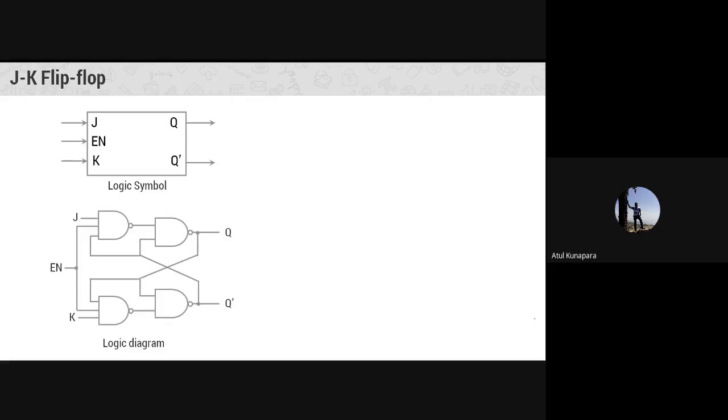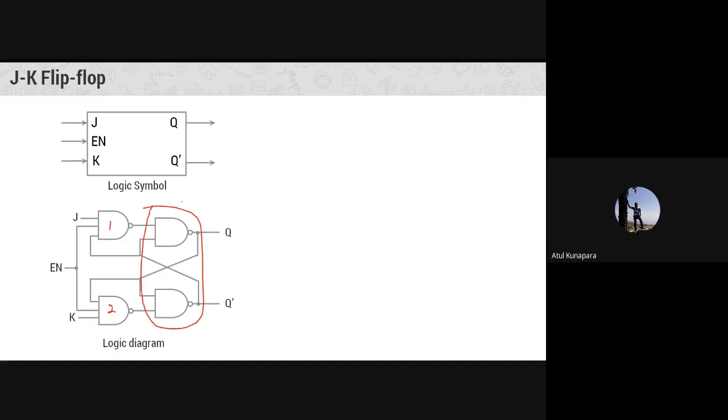Now look at the internal circuit here. The internal circuit of this JK flip-flop is like this. Here also, separate NAND gate number 1 and 2 are used with 3 input terminals. And this is your SR latch, right? The SR latch is still used here.